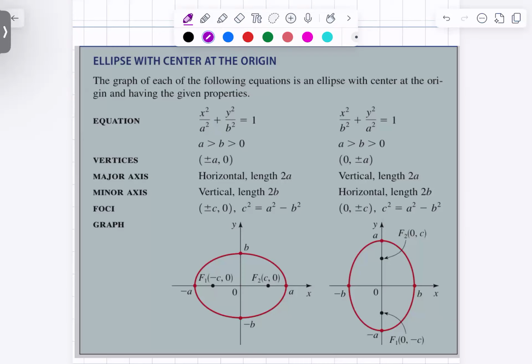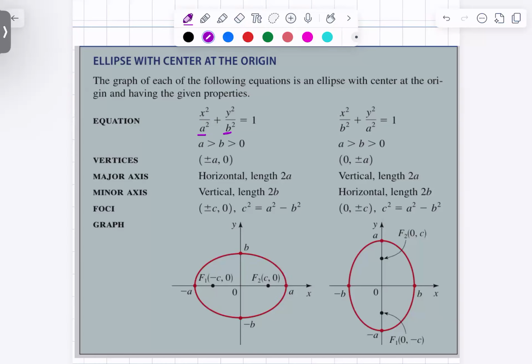And your vertices, whatever one's bigger. In this case, my a is always going to be bigger than my b, right? If the number below the x squared is bigger, then it's going to make a horizontal oval like this.